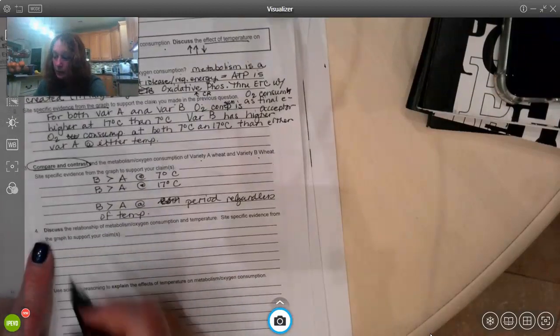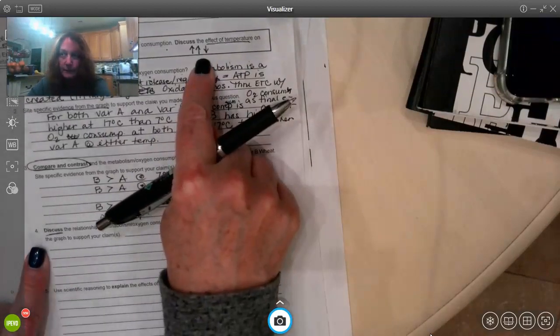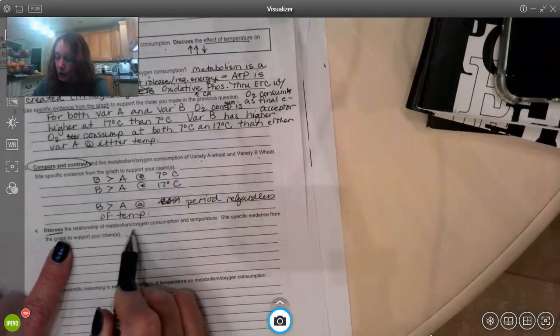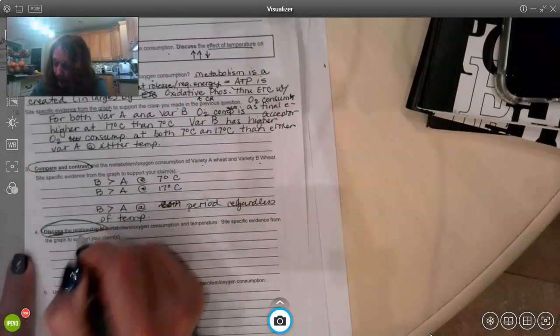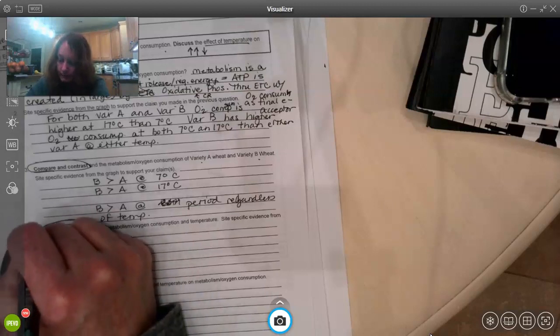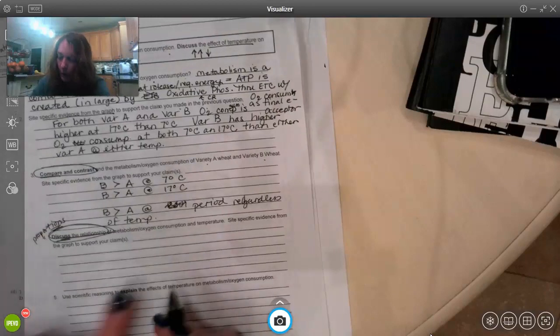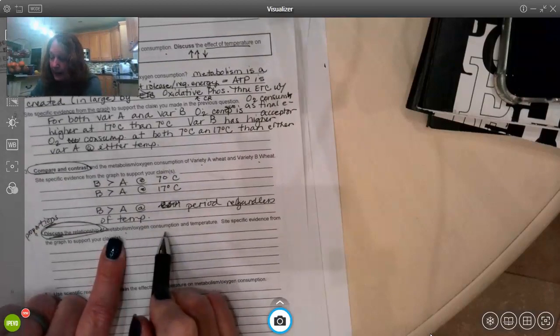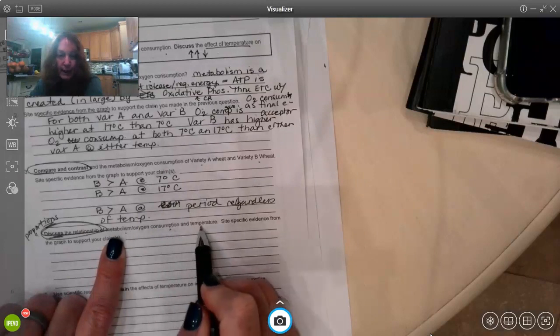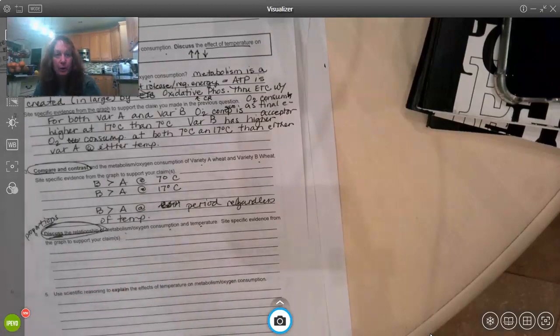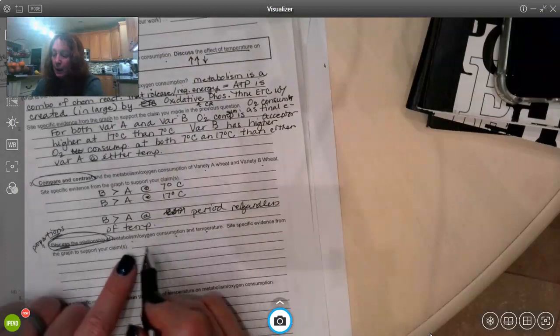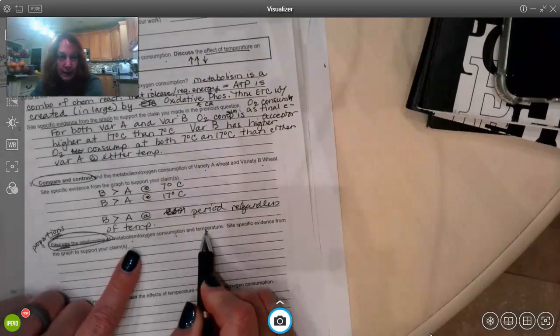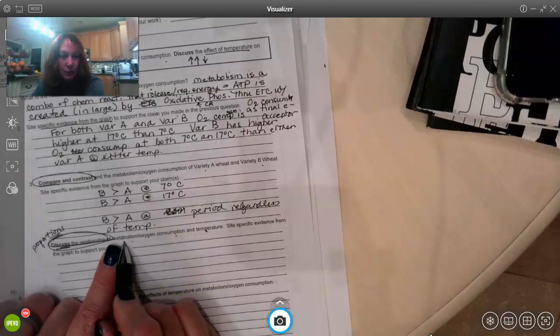So here we go. Now we're getting into this stuff. Discuss the relationship. Anytime they say that, they want proportion. Always. Of metabolism, oxygen consumption, and temperature. Here's what people do. They give credit and they do things in the wrong order. As temperature increases, metabolism increases.